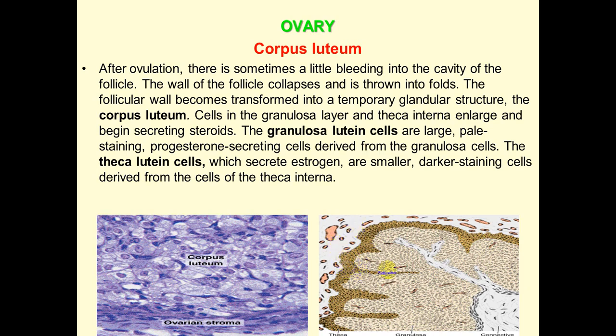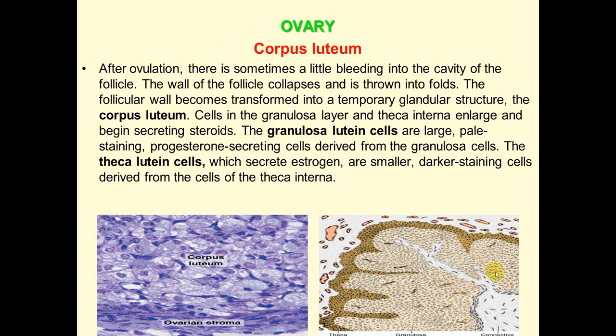So the granulosa lutein cells, cells which differentiate from the innermost layer, the granulosa, here pale staining cells, are the most numerous. They are large, pale staining, and we call them lutein cells. You see this here?